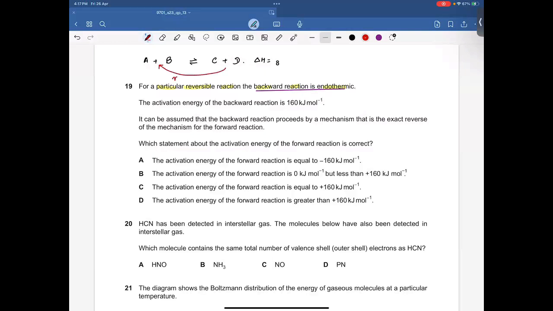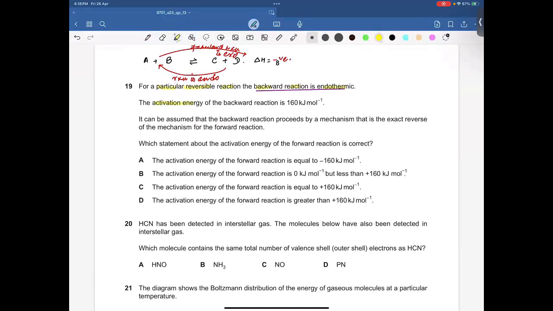If backward reaction is endothermic, then obviously forward reaction is exothermic. So delta H is negative for the forward reaction, okay?